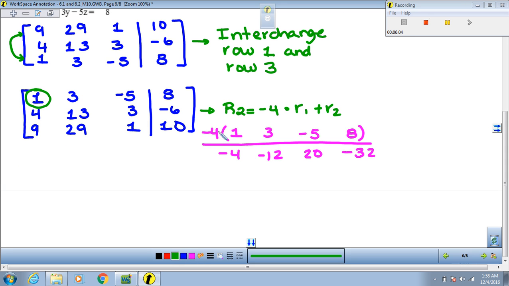So right here, what we were doing is distributing, multiplying negative 4 times each of these numbers. And so you see the answers below the line. So now we're going to add them to every number that is in row 2. So I'm going to do plus, and I'm going to copy here all the corresponding entries to each of these ones, but in row 2.